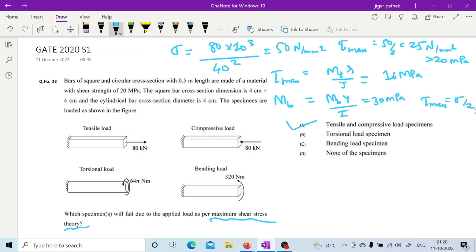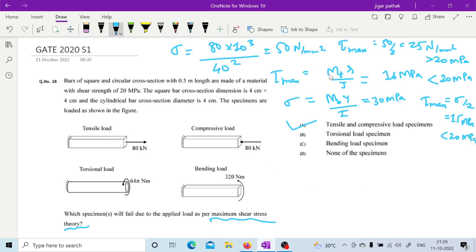This is sigma, not tau; this is tau and this is sigma. So this sigma is coming 30 megapascal, but when you go for tau max, it will be sigma by 2, so it is 15 megapascal, which is also less than 20 megapascal. Here also it is less than 20 megapascal.